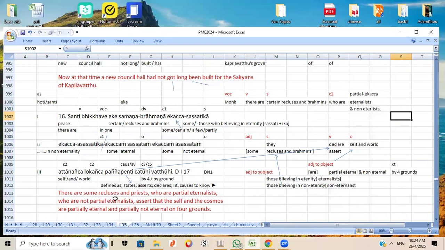There are some recluses and priests. Priest refers to Brahmana. Why? During the Buddha's time, the Brahmana was doing a fire ceremony for the king. Some kind of rites and rituals to protect the country, to protect the king.